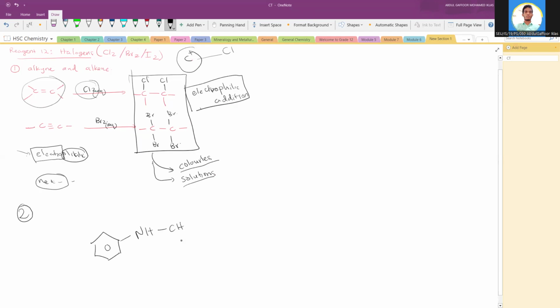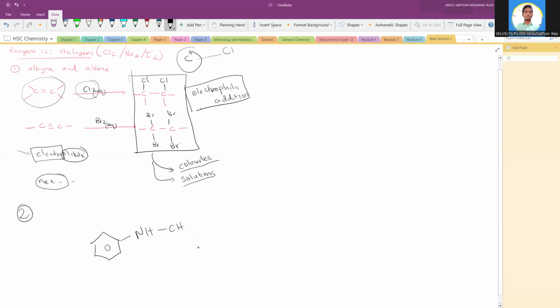NHCH3. Now what will happen is this hydrogen will repel electron towards the nitrogen atom. So here the intensity of negative ion will increase, right? If the intensity of negative ion increases, the halogen will be attracted and it will form a tribromo substitution reaction.